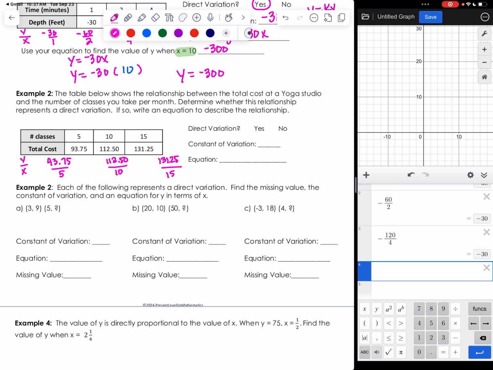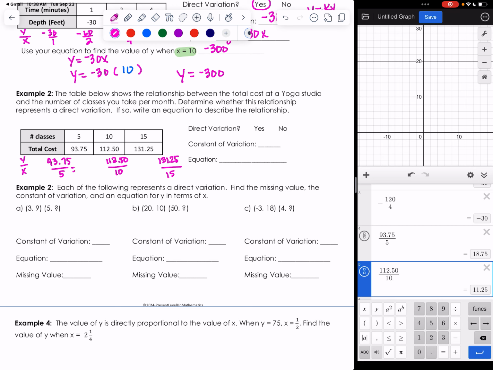So let's start with the first one. 93.75 divided by 5 is 18.75. Then 112.50 divided by 10. Now, you can see that those ratios were not the same. So we can stop.